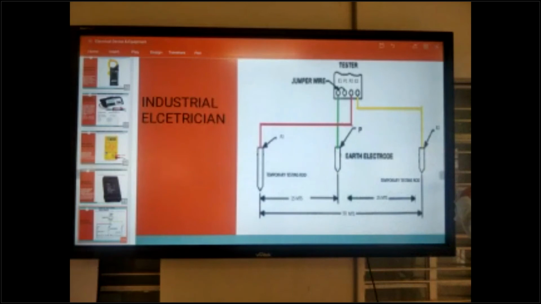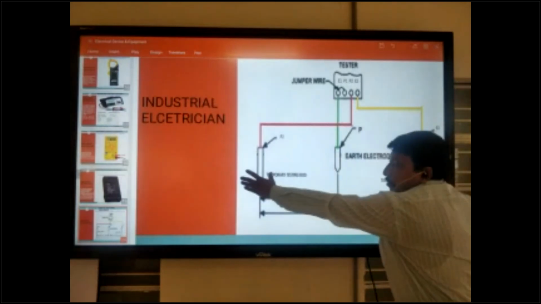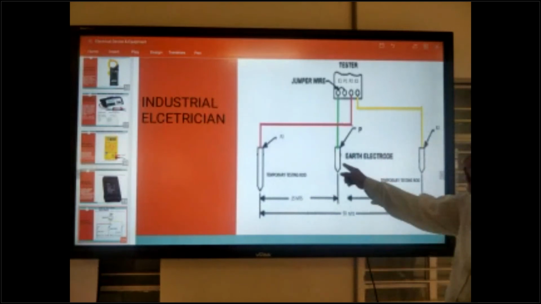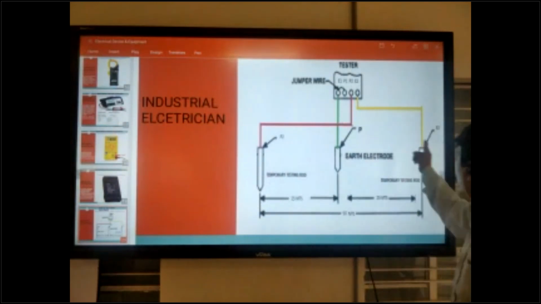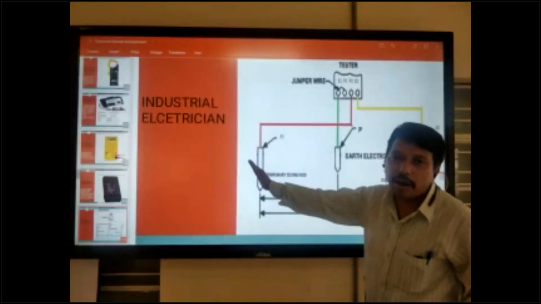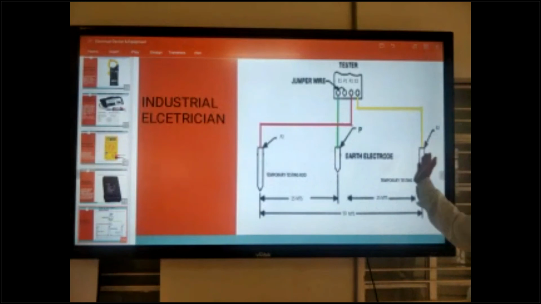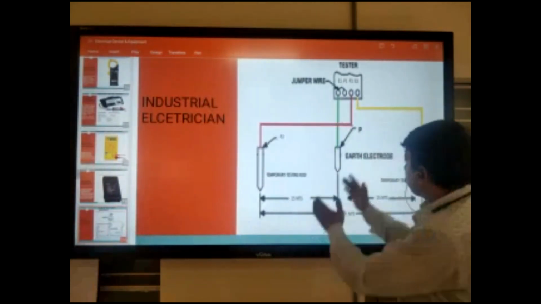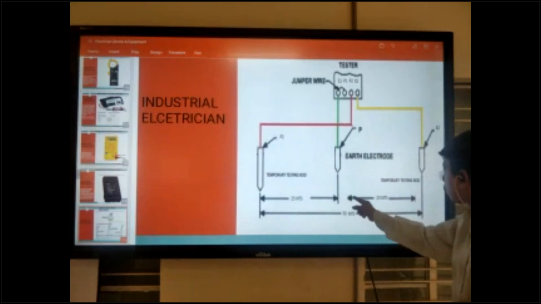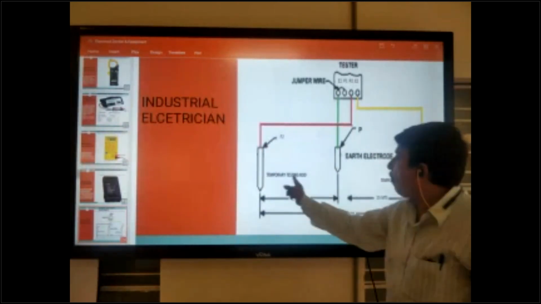Always place them in different directions. If one is on the east side, the other is on the west side. If one is on the north side, the other is on the south side, opposite, with the permanent rod at the center. You see, this is the center, 25 meters here, 25 meters here.